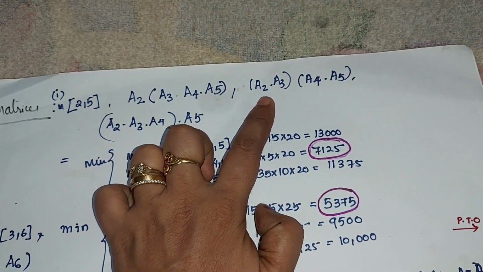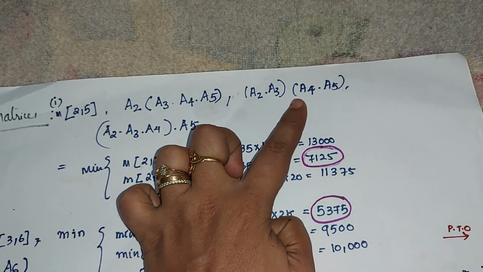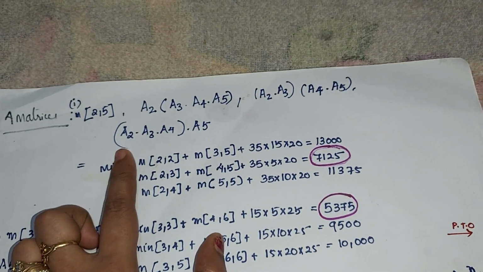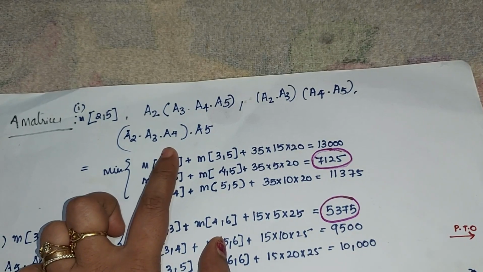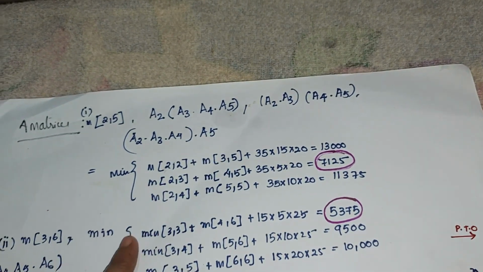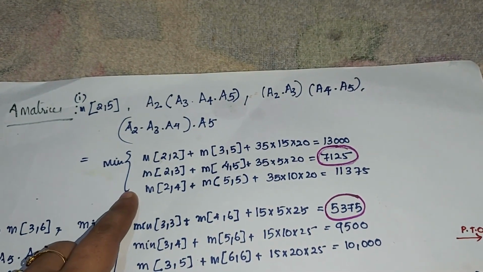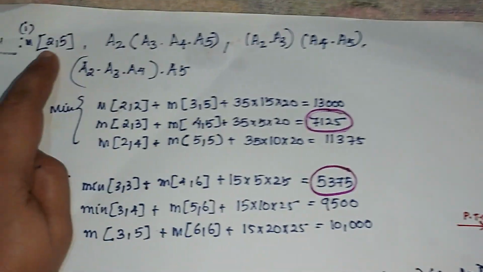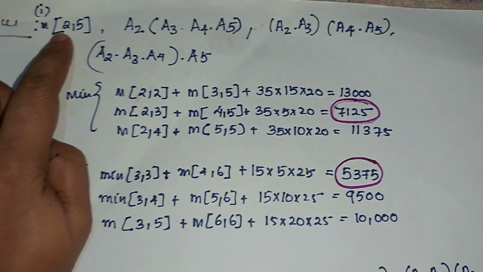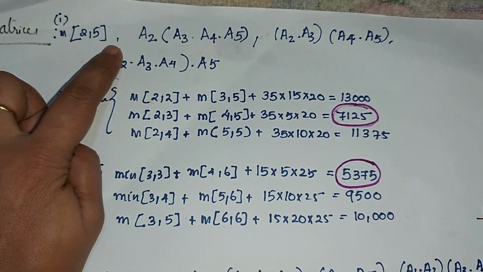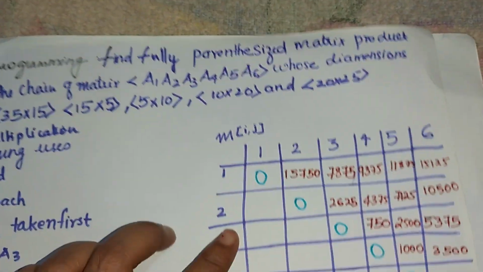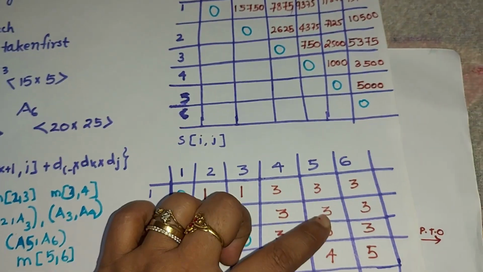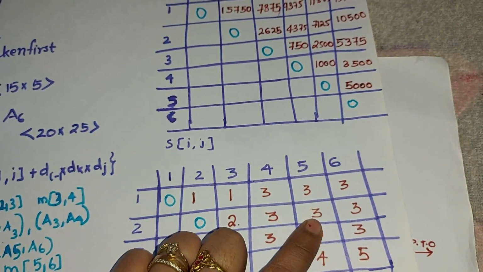This can be written as A2 into A3 into A4 into A5. Then A2 into A3 into A4 into A5. So the minimum value you do it, and you will get 7125. Okay. So you need to update the table column of 2,5. So here 2,5 I have written 7125. In 2,5 the split has occurred from 3.